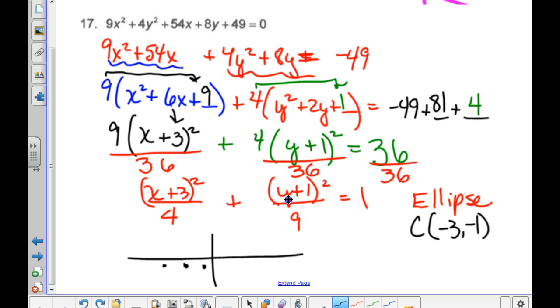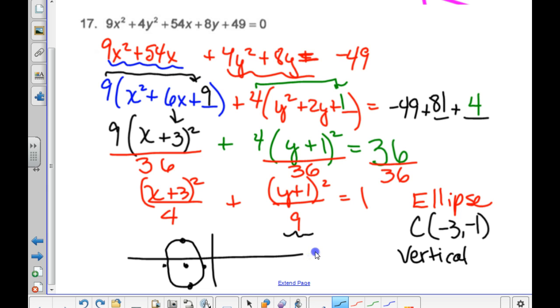In the y direction, it goes up and down 3. So if I were actually looking for that crazy information on my sheet, would this be called a vertical or horizontal ellipse? Vertical, because it's going longer in this direction.